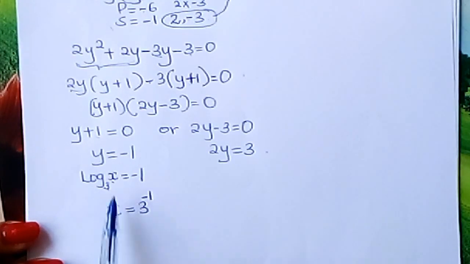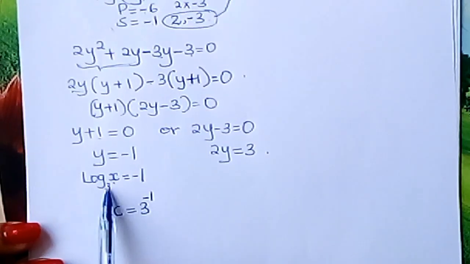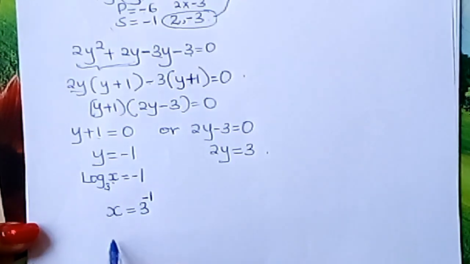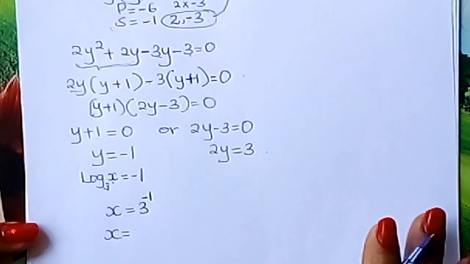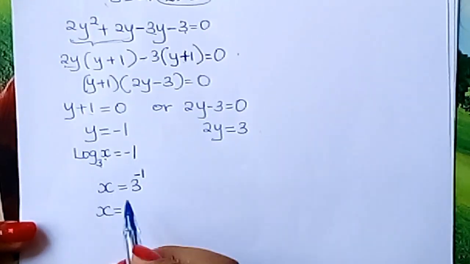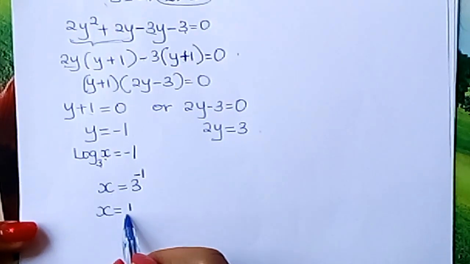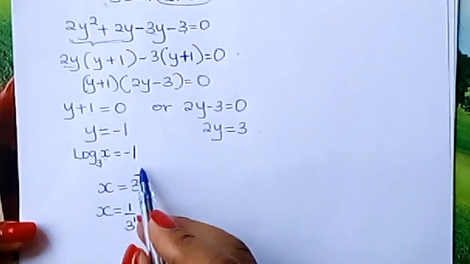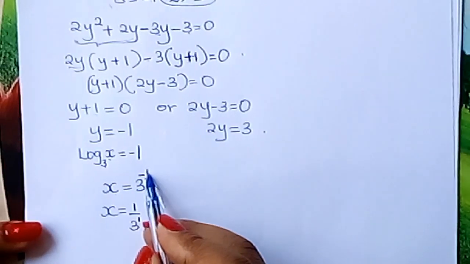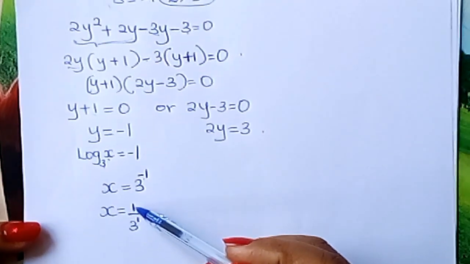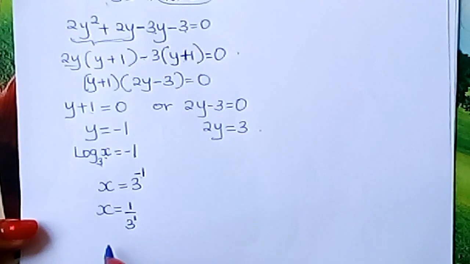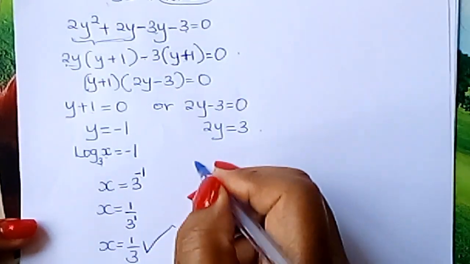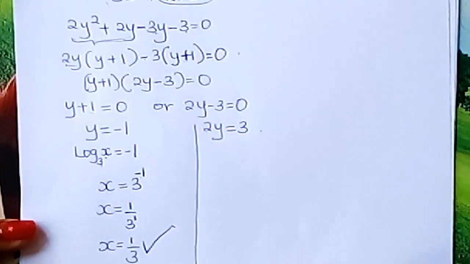You write x is equal to the base, which is 3, raised to negative 1. So from there, learner, according to indices, x is equal to the fraction 1 over 3 raised to a positive 1. When a number is raised to a negative power, it is the same as writing a numerator 1 over the number raised to a positive power. That is one value of x.